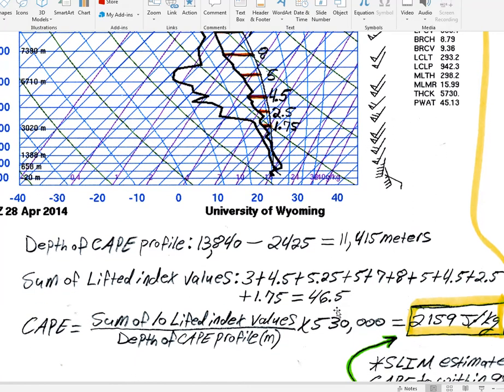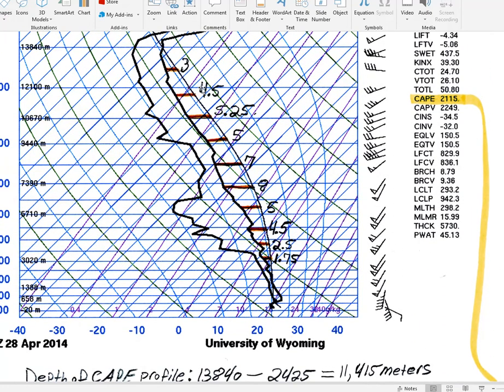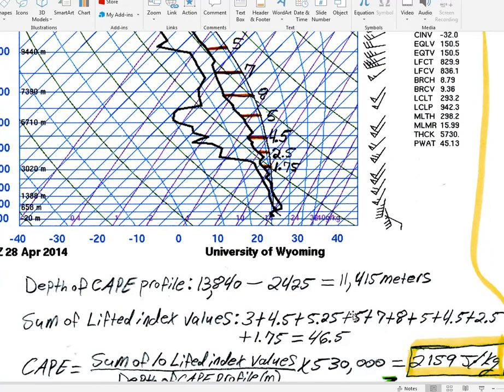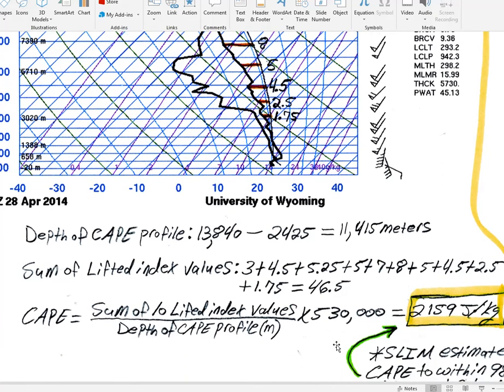Now, what you're going to want to do is sum these lifted index values. So all you're doing is adding up all these that you took, all 10 levels, and summing them up right here. And for my 10 points, I got 46.5 was my number there.